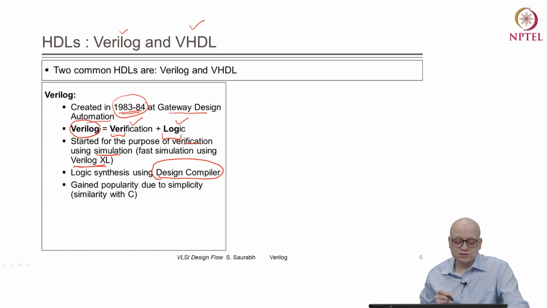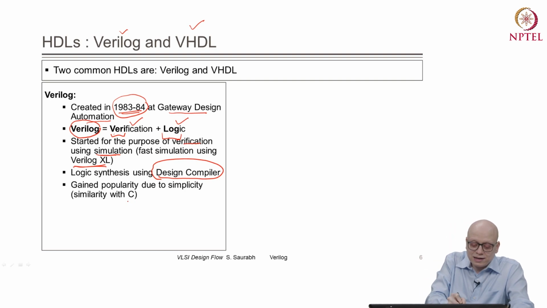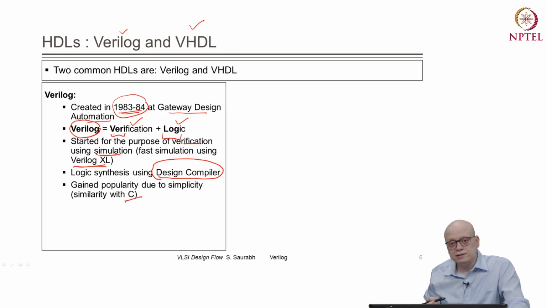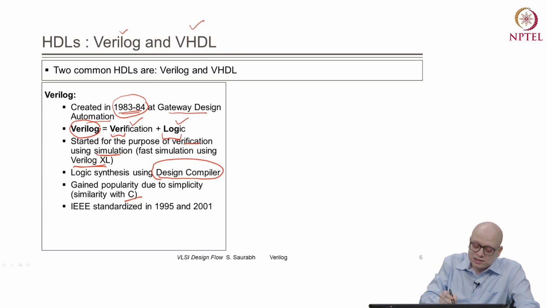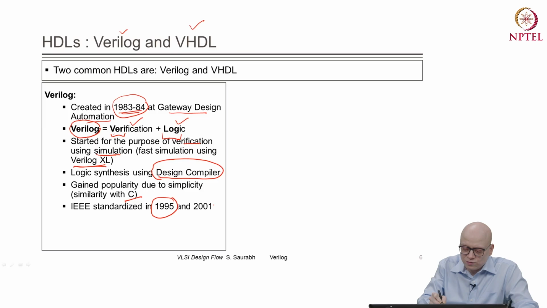The syntax of Verilog is very similar to C, and this resonates with the engineers who already knew C, and that is why Verilog became very popular. It was first standardized by IEEE in 1995 and then again in 2001 with more updates.